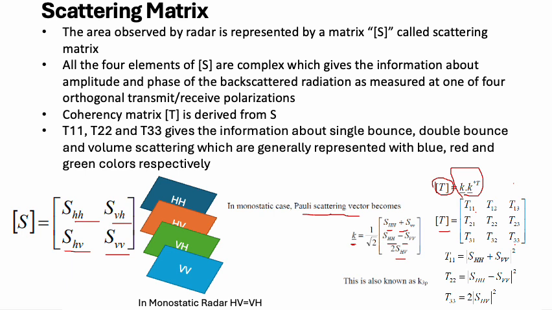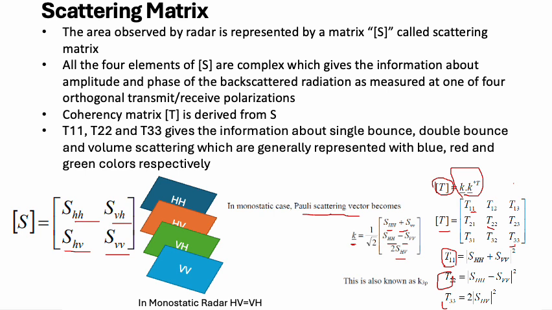Now here, the diagonal elements T11, T22 and T33 are real values, and the rest are complex. These T11, T22 and T33 components give information about single bounce, double bounce and volume scattering, which are generally represented by blue, red and green color respectively. You can calculate the values T11, T22 and T33 from HH, HV and VV.